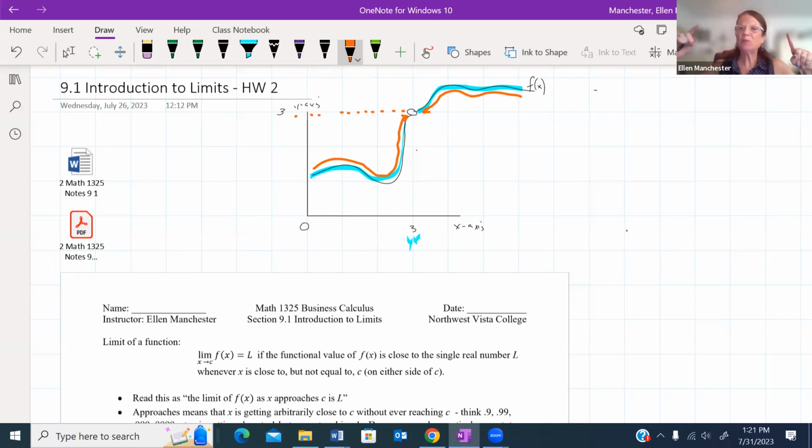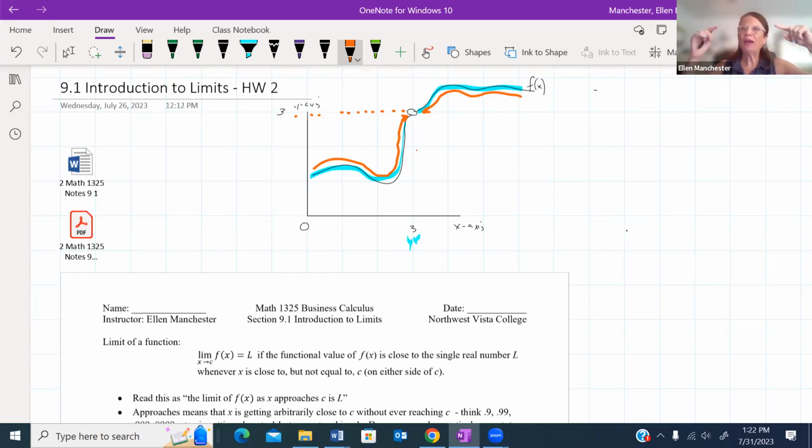So the idea of a limit, if you can see my fingers, is: what is the graph heading towards? Are my fingers coming together at that point? Or is one finger going up and the other finger going down, so that at a certain point my fingers are at two completely different places?